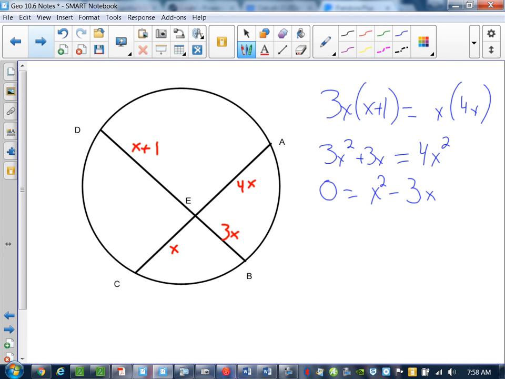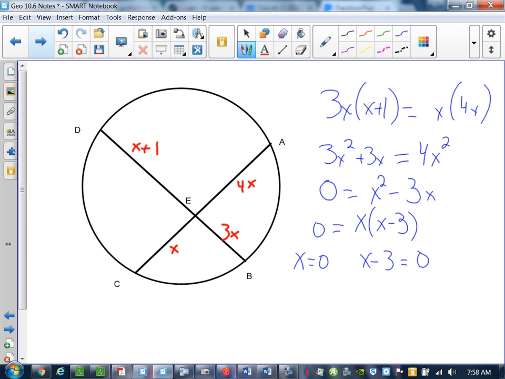X. So do we have a GCF? Yes. So you factor out an x. Do I have two parts now that are equal to 0? The answer is yes, which means your zeros will be x equals 0 or x minus 3 equals 0.